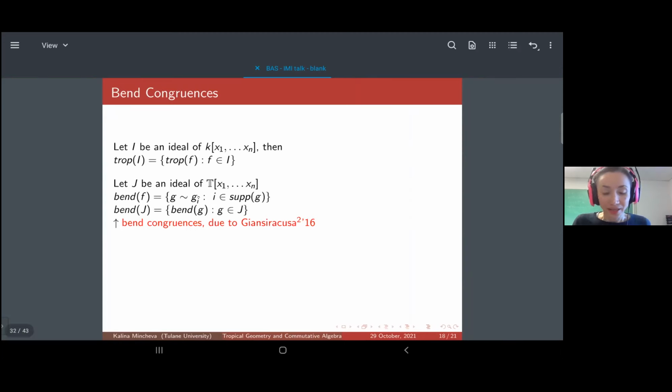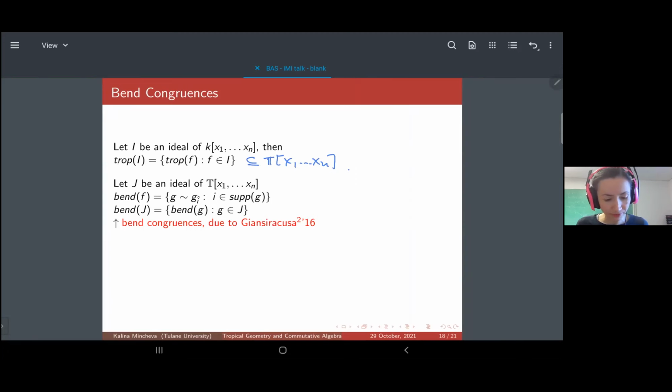So if we have an ideal, an honest ideal in a polynomial ring, then we can define this ideal that is the tropicalization of each polynomial. And now this lives in T[x1, ..., xn].